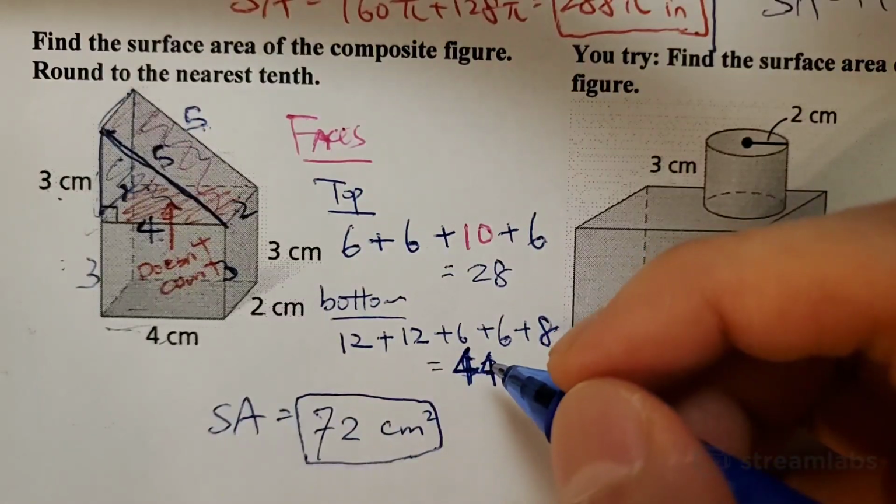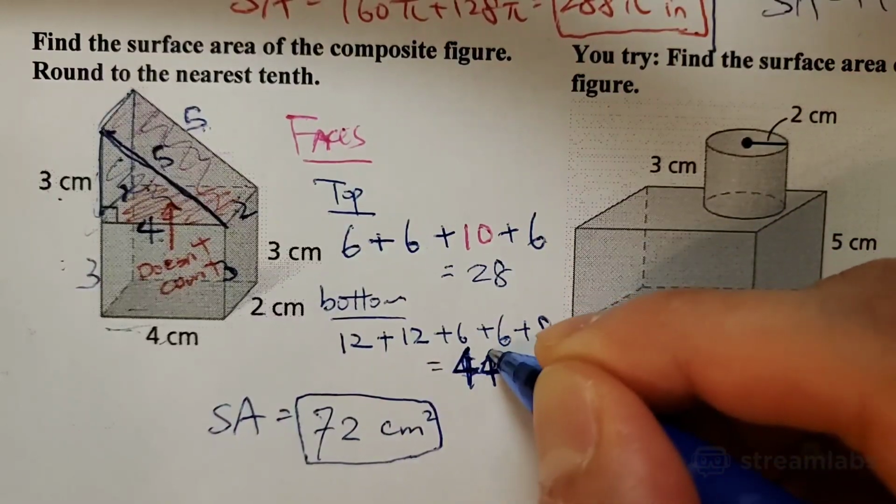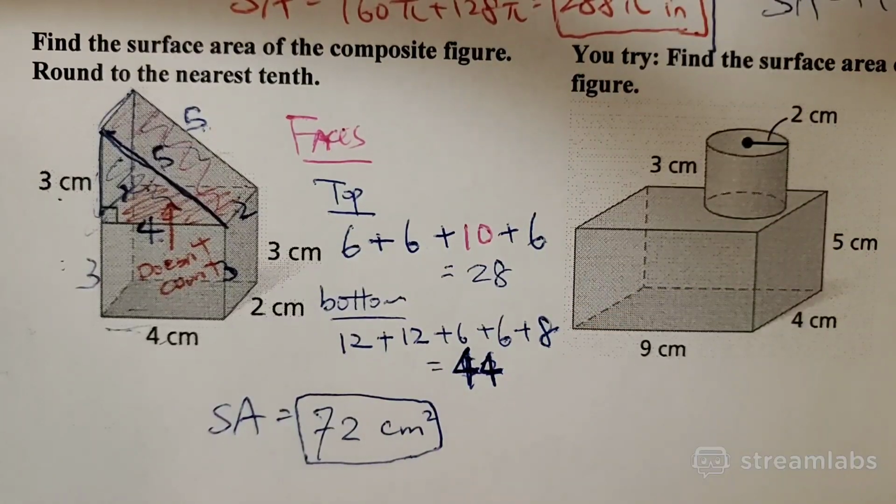Thanks, Chance. All right. But 72 is correct, right? 72 is correct.